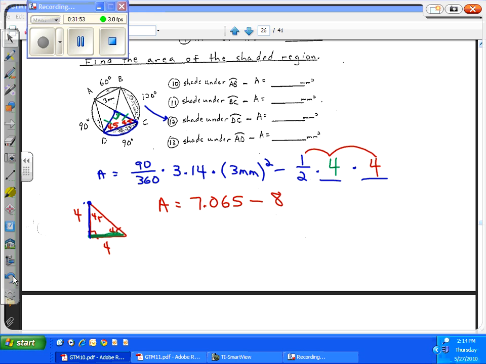It's not going to work very well, is it? Because that's a negative. Let me check my calculations. I did something wrong, didn't I?